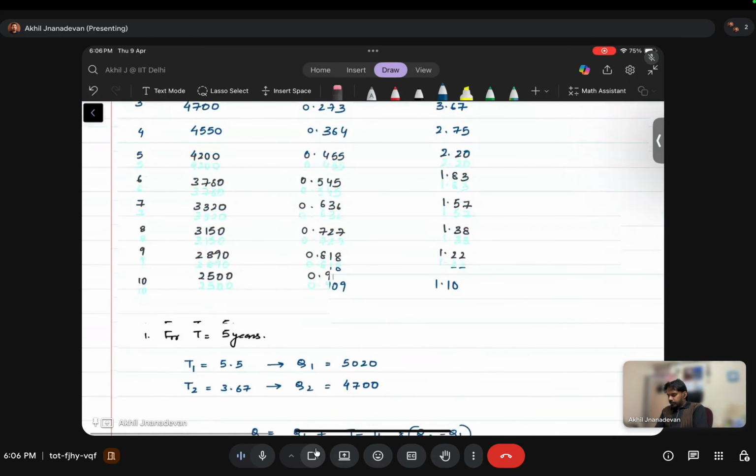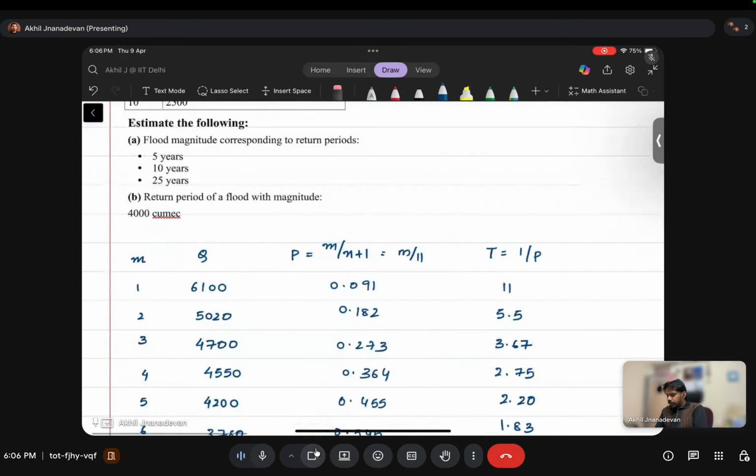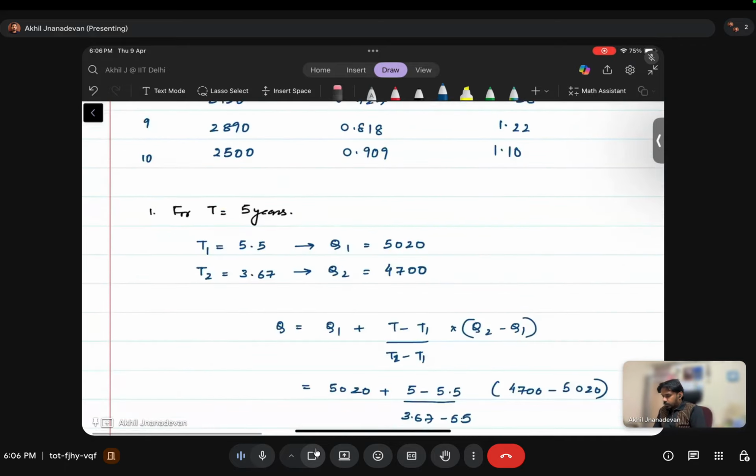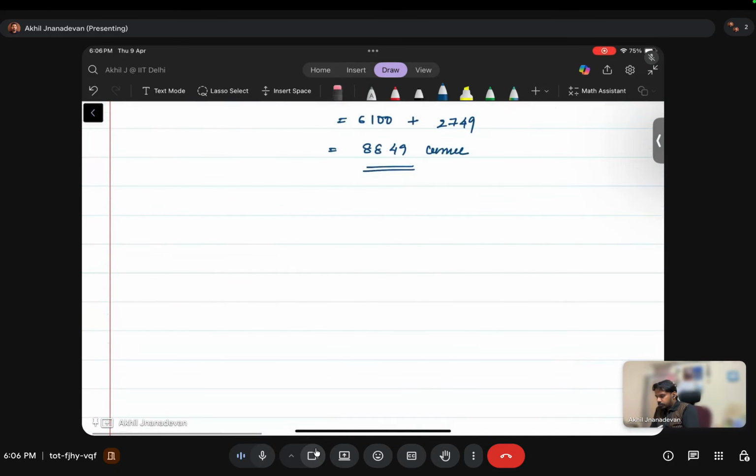So finally, we have one more part, that is we need to find the return period corresponding to 4000 cubic. So it is the opposite, but what we need to do is interpolation only. So return period T for Q equal to 4000 cubic.